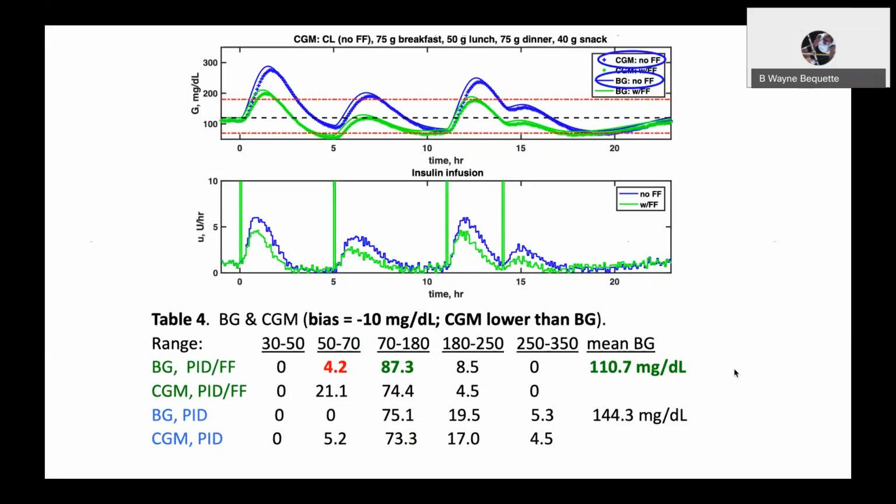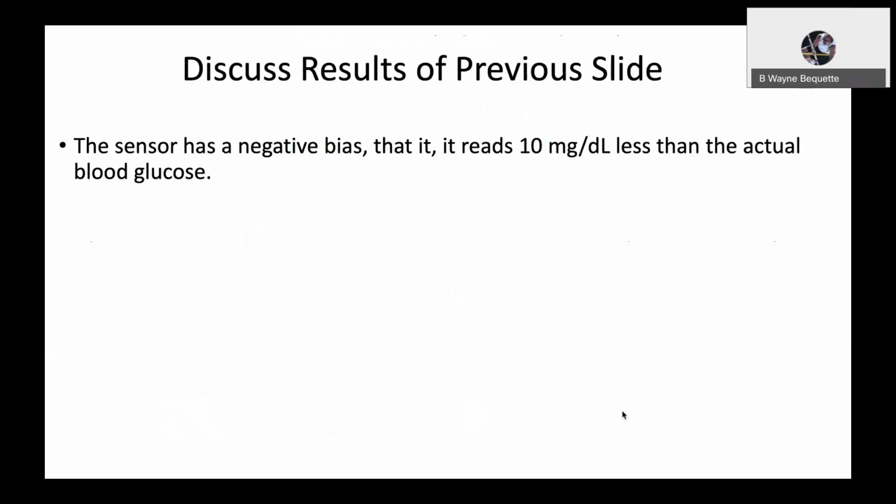And then finally, with the PID feedback only, what we're finding is we have a slightly lower percent of the time that we're spending in the desirable range compared to using a meal insulin bolus. So that's not surprising. And the actual mean glucose level then is substantially higher when you're not using that feed forward information.